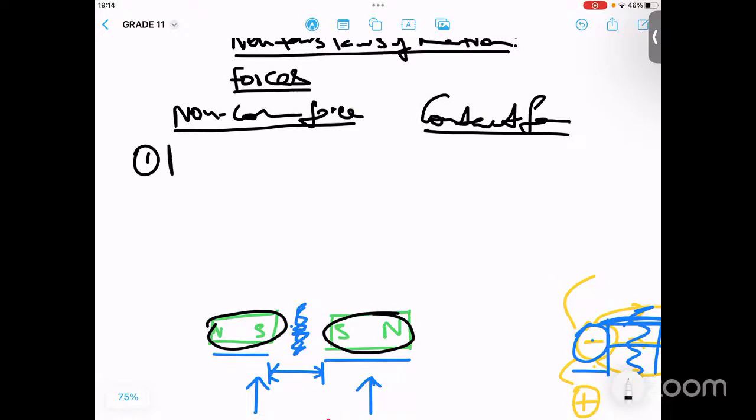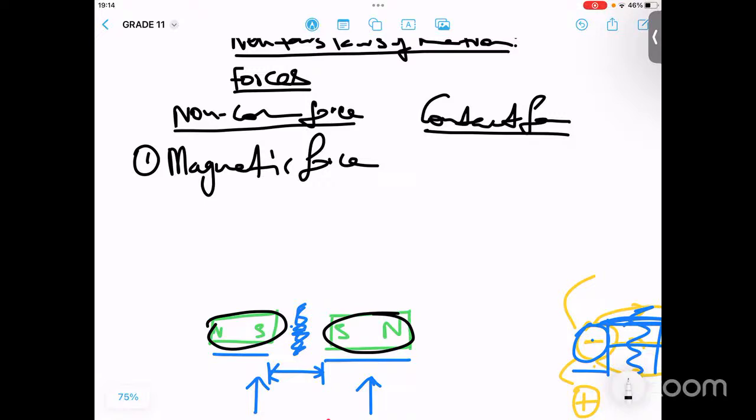We can call that a magnetic force. So a question in an exam may come in the form of a multiple choice where they give you a list of forces and you need to tell which one is a contact or a non-contact force.